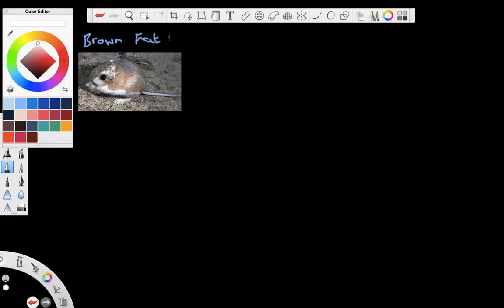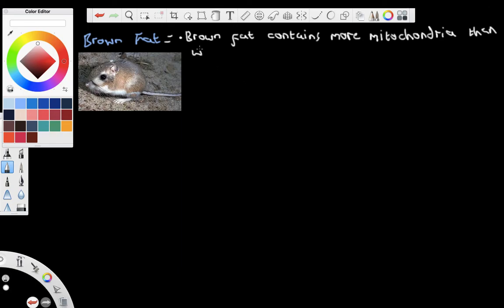So we can say that brown fat contains more mitochondria than white fat cells.